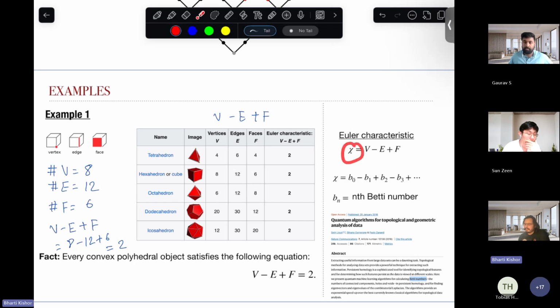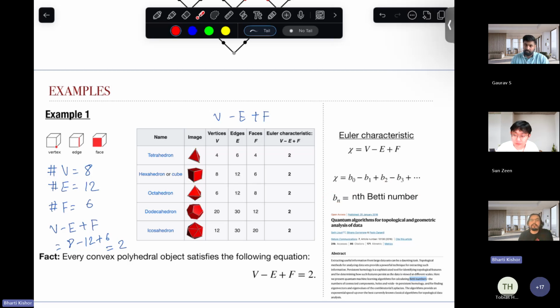Actually, there is a characterization of the Euler characteristic of general objects using something called an alternating sum of Betti numbers. So you have B0 minus B1 plus B2 minus B3 plus B4 and so on. It's an alternating sum in the sense that you see the sign keeps on changing, plus, minus. And this Bn here is called the nth Betti number. I haven't defined what a Betti number is; I will talk about it later.